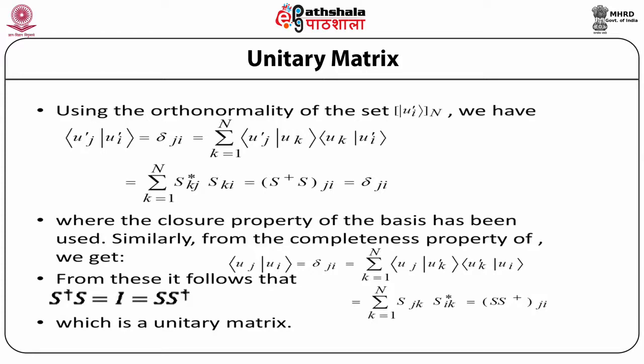Similarly, if we also use the completeness property of the basis, we get ⟨uj|ui⟩ = δji = summation over k going from 1 to n ⟨uj|uk'⟩⟨uk'|ui⟩ = summation over k going from 1 to n Sjk Sik* = (SS†)ji.